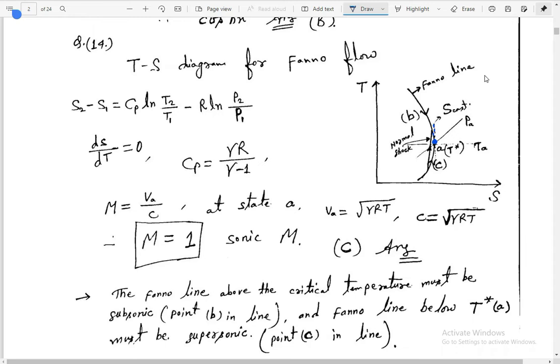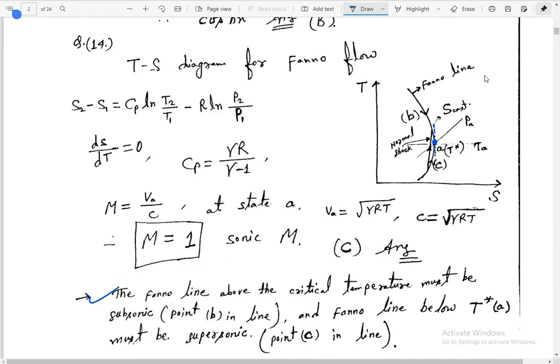Once you read the Ts diagram for Fanno flow, then you will understand the constant entropy. And here is some more important line, that is the Fanno line curve. The Fanno line above the critical temperature must be subsonic.